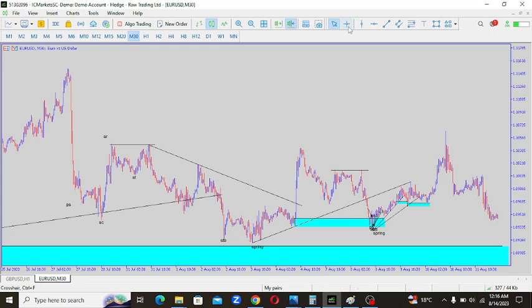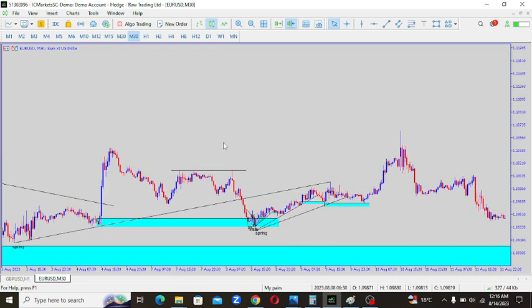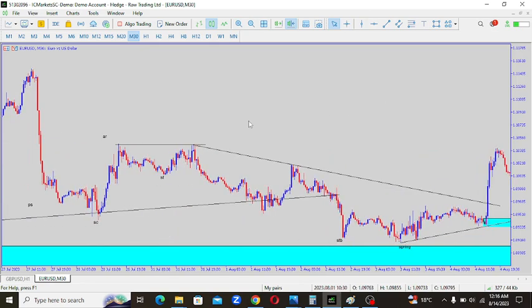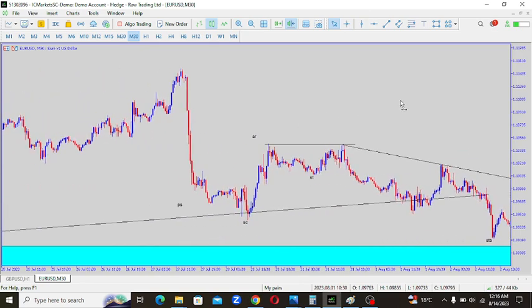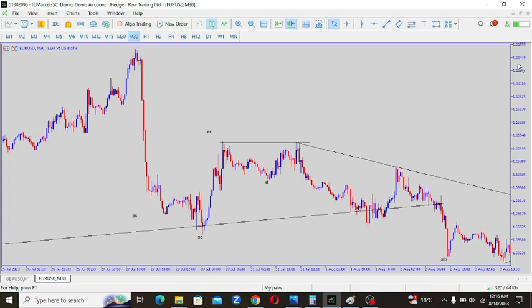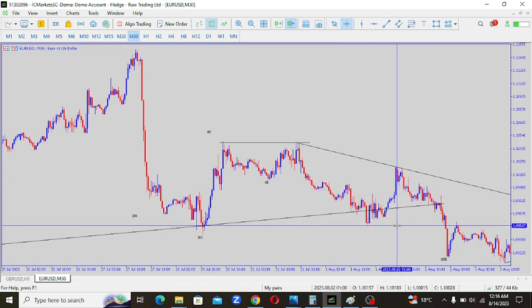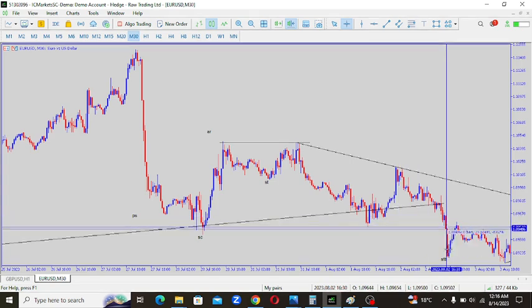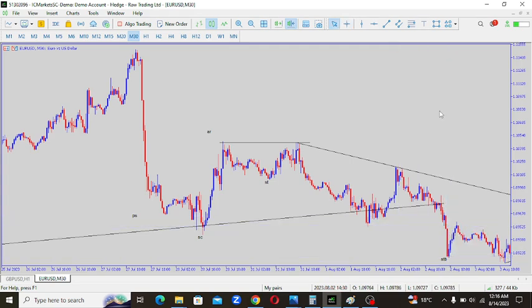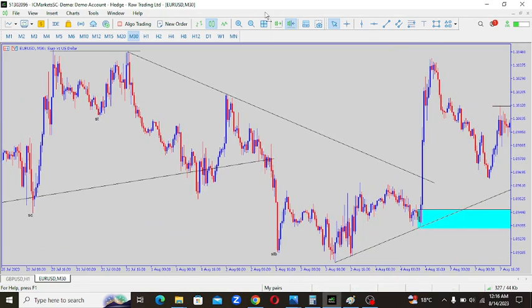You see this momentum candle, this one. See? It definitely took the stop losses right below these relative equal lows. You see? Quick move, 32 pips.